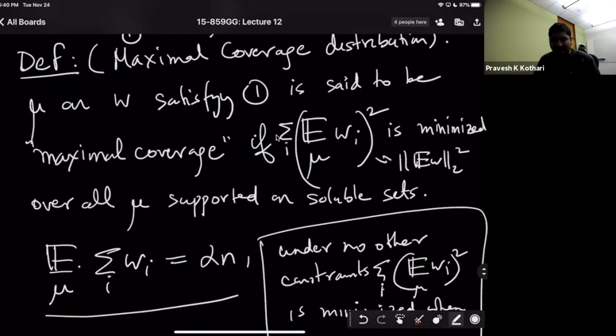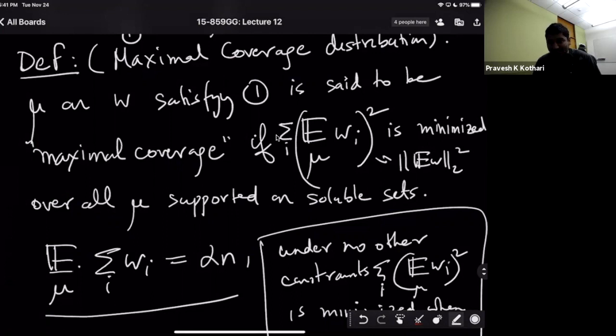I'm claiming it, but I haven't really argued it. In order to argue that such a definition is always well defined for all G, I have to show that at least one distribution exists on the soluble sets. Why is this definition not vacuous for any G?